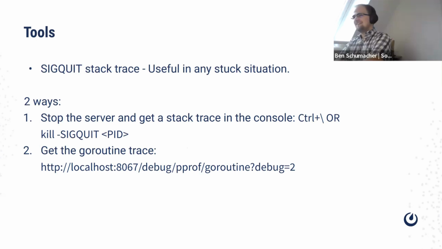In order to get the goroutine trace, but also memory information and CPU usage, the customer has to actually get on their MetaMask server and fetch that information from localhost. That's a bit of a hassle.